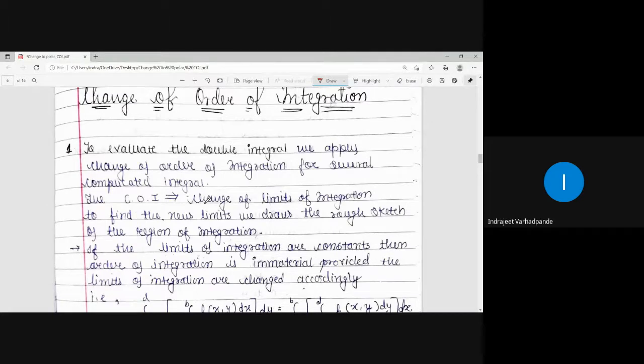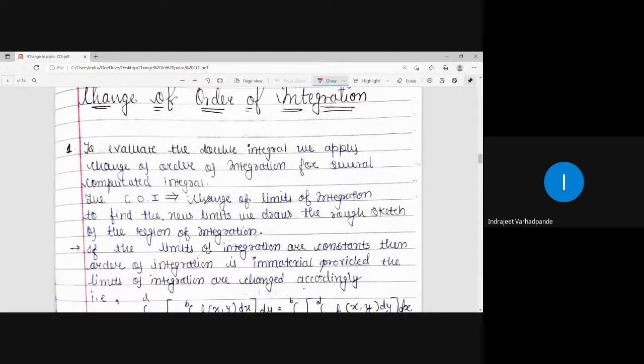Similarly, in the case of polar coordinates, by default we always integrate first with respect to r and then with respect to theta. But if such an example occurs that we have to change the order in the polar coordinate system also, then we will have to first integrate with respect to theta, where theta will be expressed in the form of r, and r will then be integrated and the limits will be put as constant, so as to get the finite value or the constant quantity as the answer in a case of change of order of integration.